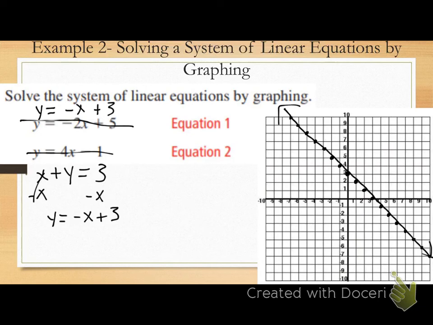So there's equation 1. If I graph equation 2, it's going to be the same. It's going to be right on top of it. Same exact line.